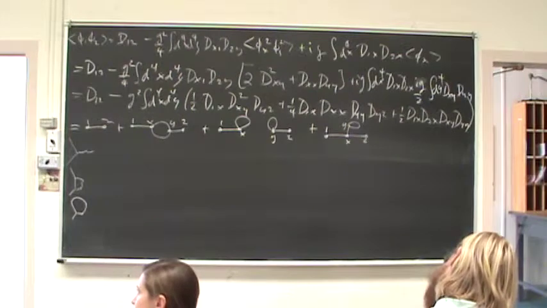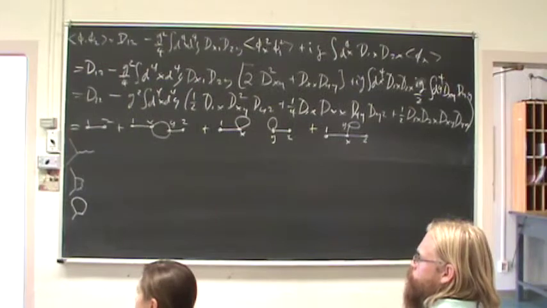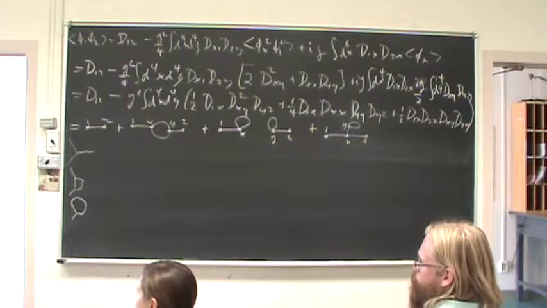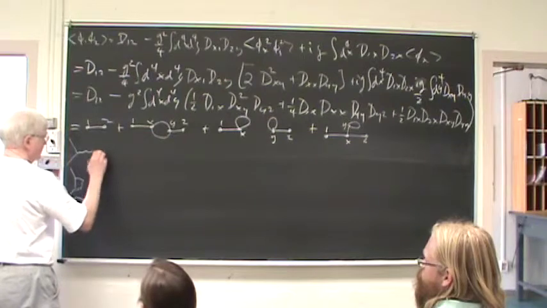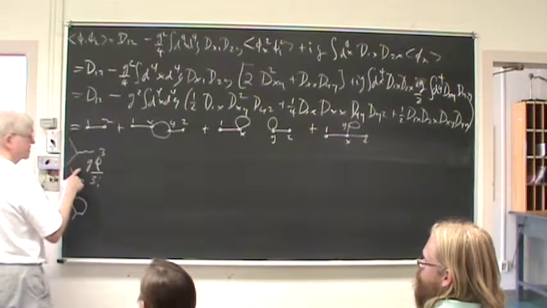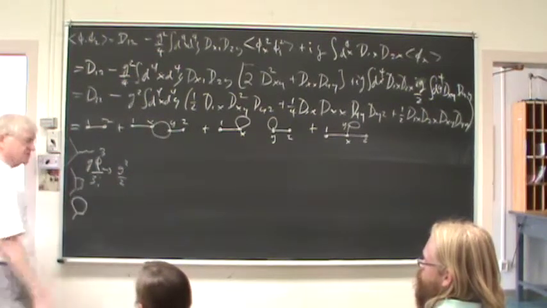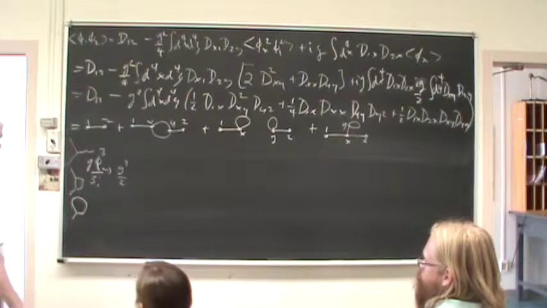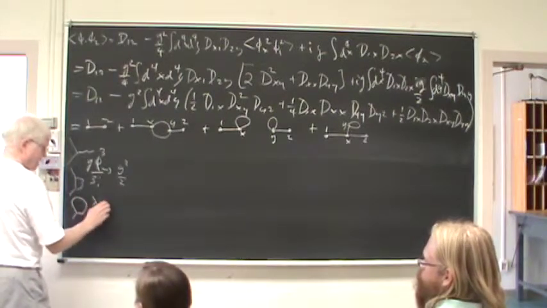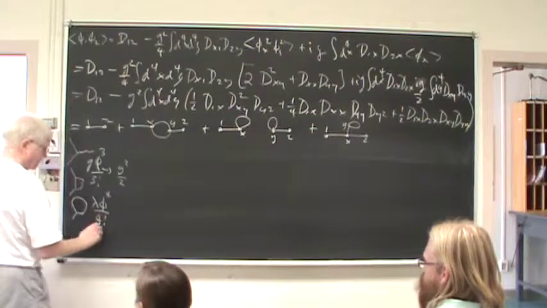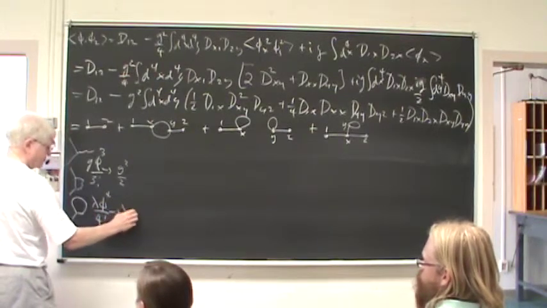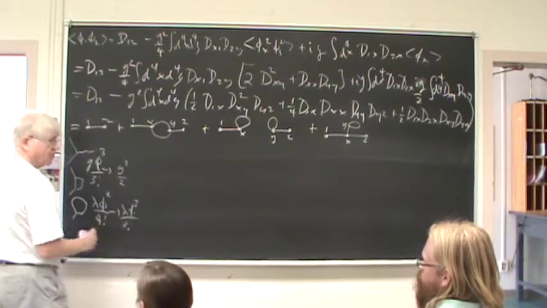All right, a word about these diagrams. You notice we took as the interaction not G, but G over 3 factorial. That's so that when you differentiate G phi cubed over 3 factorial, you go to G squared over 2, and if you differentiate again, you just get G. And if you have a quartic interaction, you typically have that over 4 factorial, and then lambda phi cubed over 3 factorial and so forth.